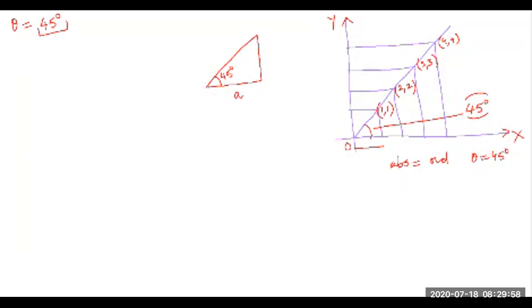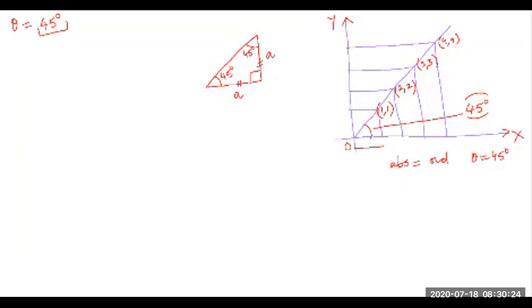This side, adjacent side is A, opposite side is A. Now, when these two are equal, you know, it's a right angle triangle. This is 90 degree. You can prove it other way also. If these two sides are same, angles opposite to them will be same. So sum of these two angles will be 90. So each angle will be 45 degree.